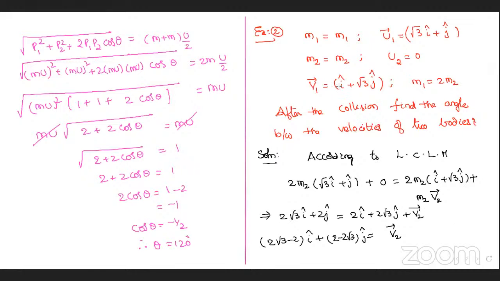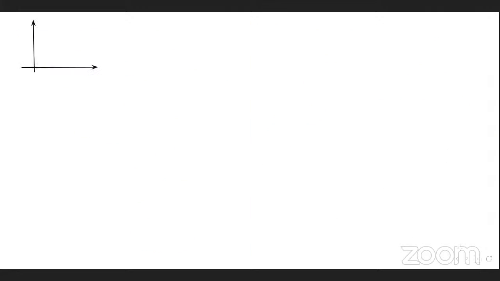Here V1 bar is I plus root 3 J cap. Am I right? Usually it will be in the first quadrant, second quadrant, third quadrant, or fourth quadrant. I positive, J positive: first quadrant. So here I will get V1 in the first quadrant.